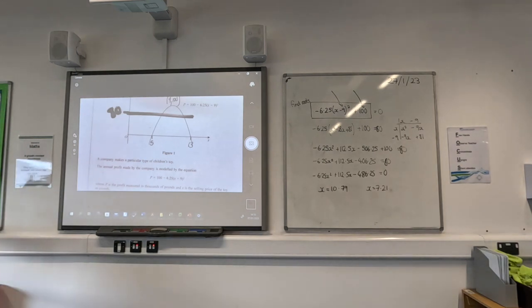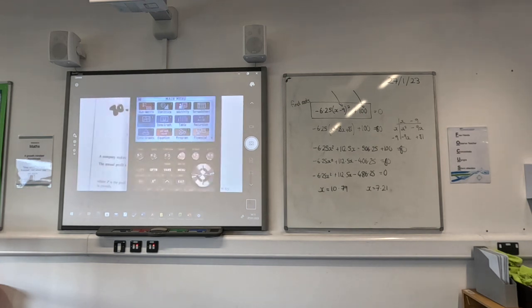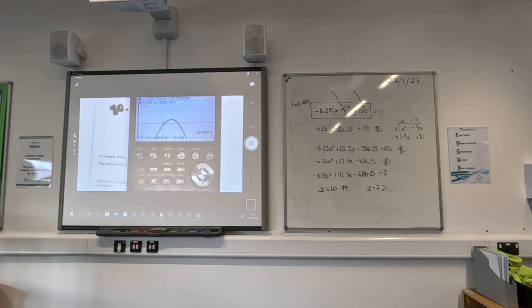And of course we can confirm that with our graph by just adding the y equals 80 line on there, and then gsolve intersect, so that gives us the values that we're after.